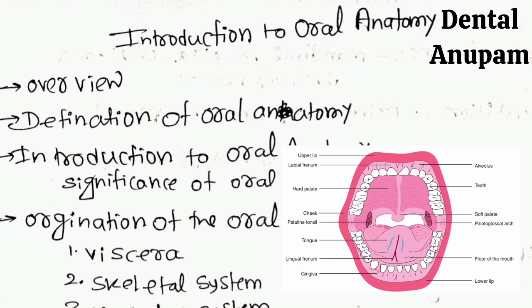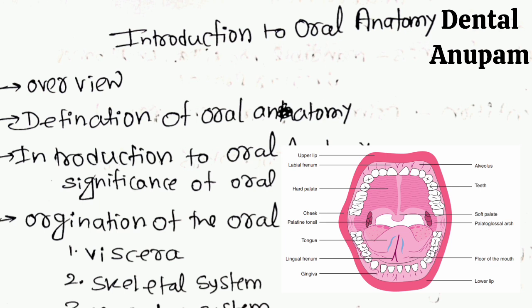A very important component in the fundamentals of dental education is oral anatomy. Oral anatomy forms the basic understanding of the structures and functions of the components consisting of the oral cavity, face, head, and neck.